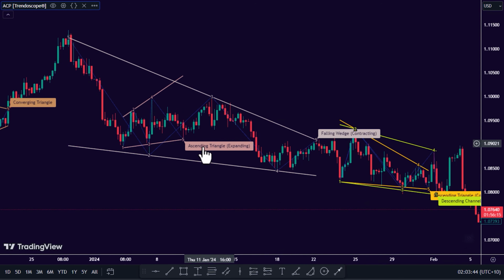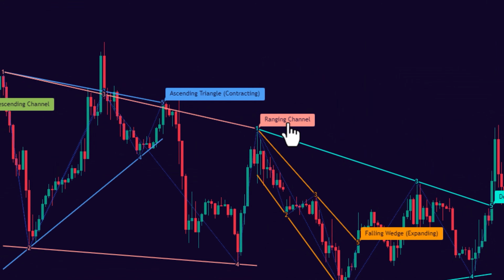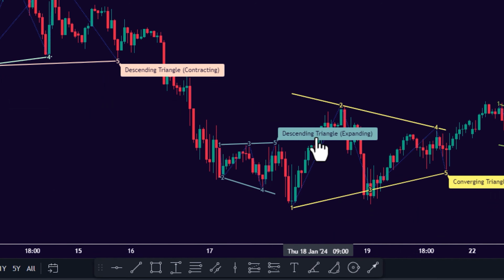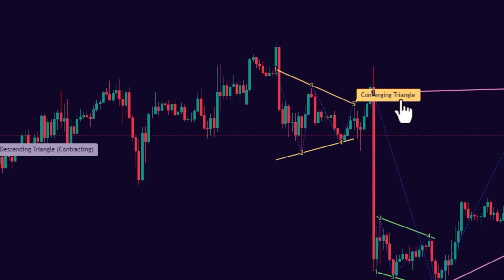Examples of these bearish chart patterns are descending downtrend channel, ranging channel, falling wedge expanding, falling descending triangle expanding, falling descending triangle contracting, converging triangle.